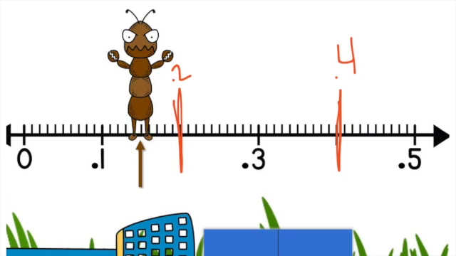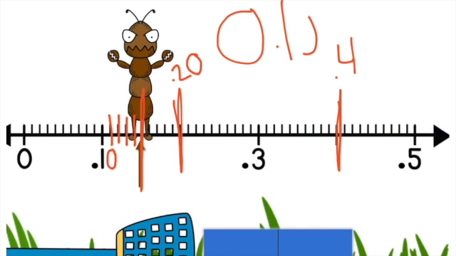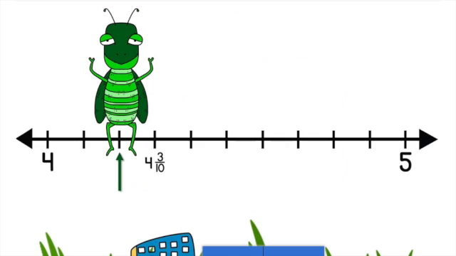But to make that easier to work with, I'm going to change it to 10 hundredths and 20 hundredths. And then I'm going to label each spot because they go up by 1/100th each time. So this will be 11 hundredths, 12 hundredths, 13 hundredths, 14 hundredths, and then 15 hundredths. So the ant is standing on 0 and 15 hundredths.